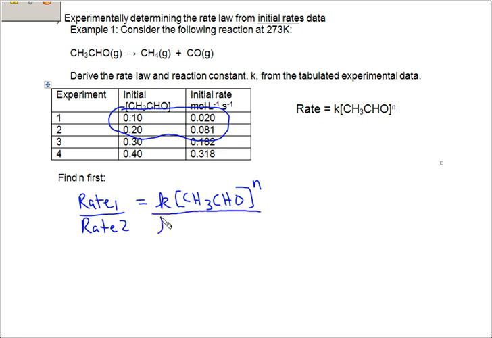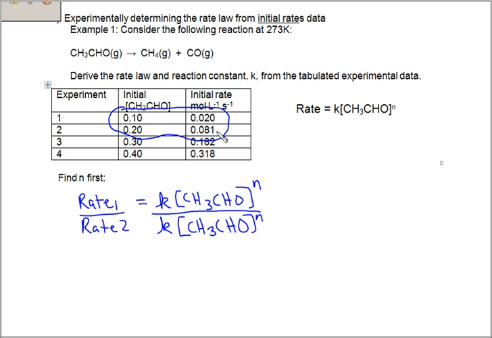The rate constant stays constant. It's constant. So rate 2 is also going to be equal to K times the concentration raised to some power. So now let's rewrite these as actual rates.